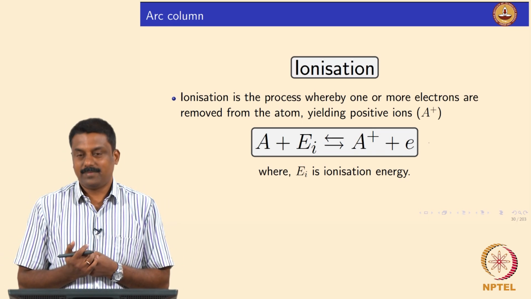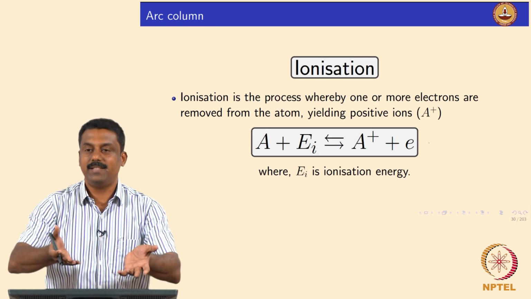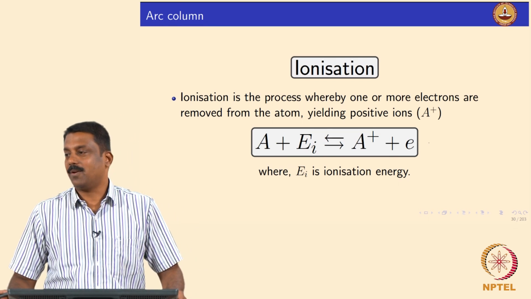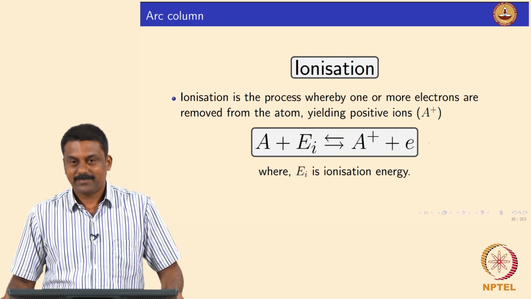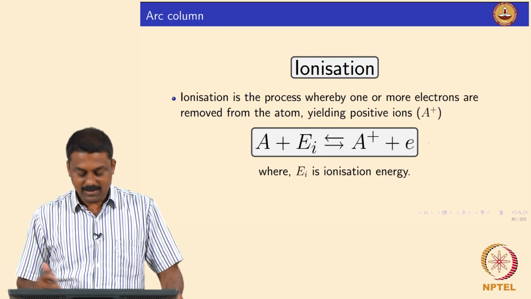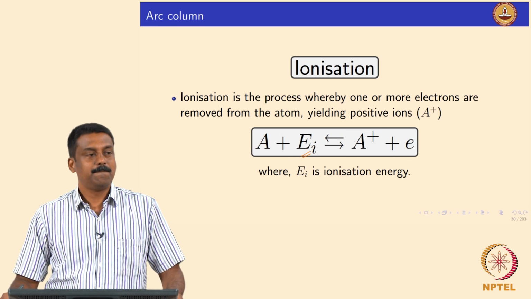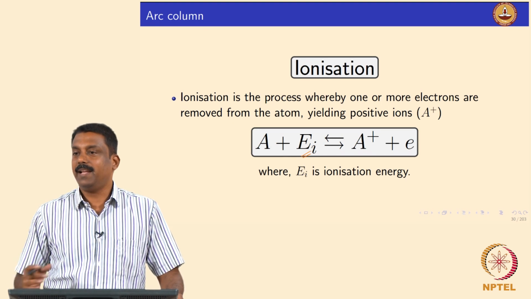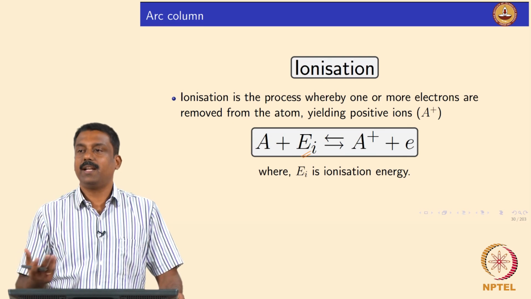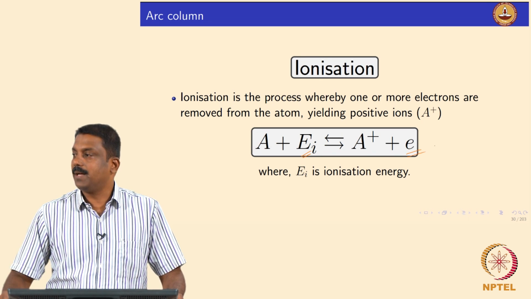That doesn't happen by itself. You always need to supply energy to an atom so that you knock out an electron. Same as thermionic emission, where you have the work function, here you have the ionization energy. You supply an energy, the ionization energy, because you are creating an ion, so that you knock out an electron from an atom.